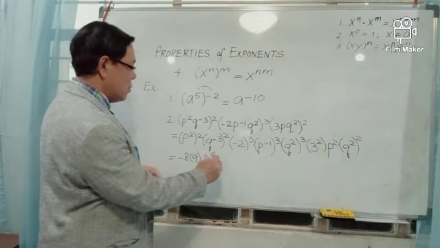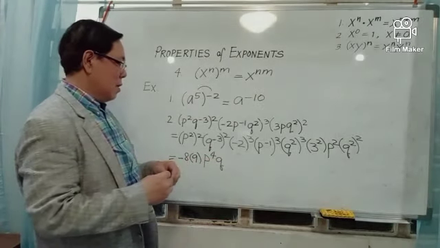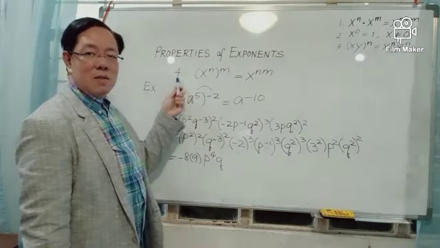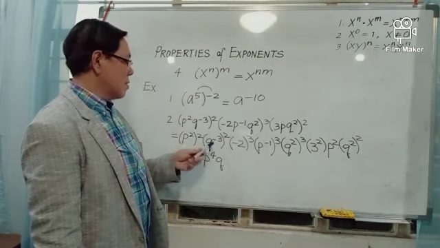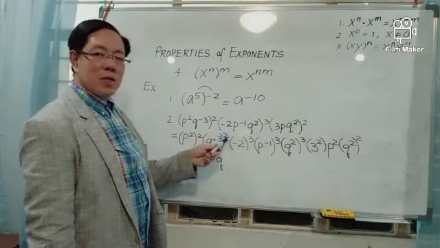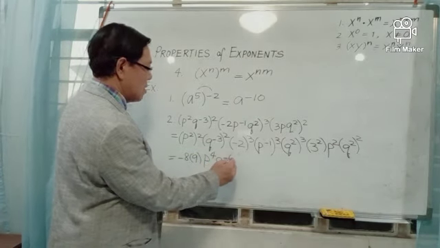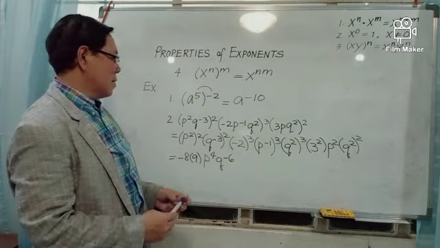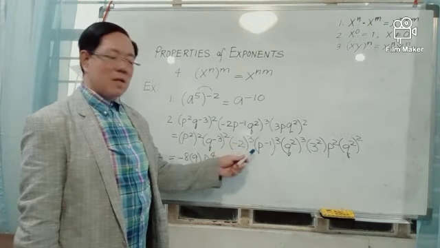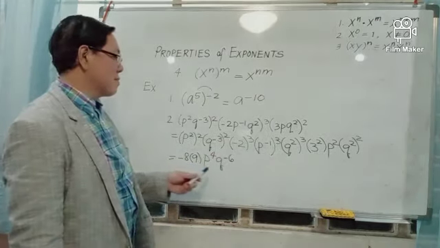Multiply by q. Again by this property of exponents, multiply negative 3 by 2, that's the exponent of q, negative 6. We have simplified negative 2 cubed, it's equal to negative 8.